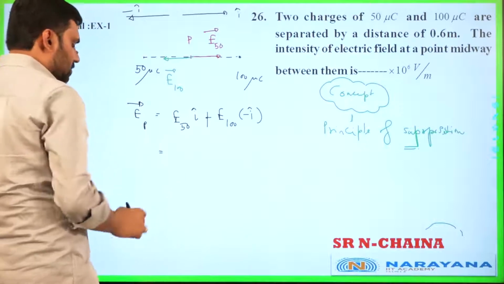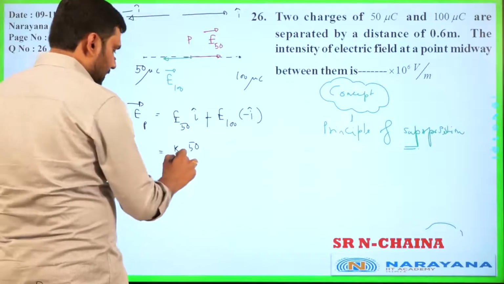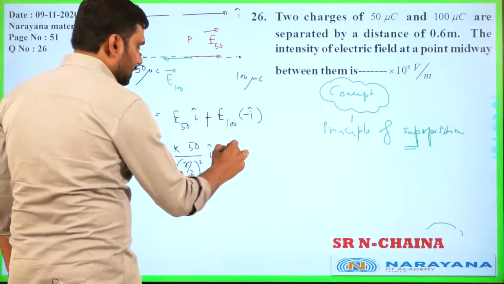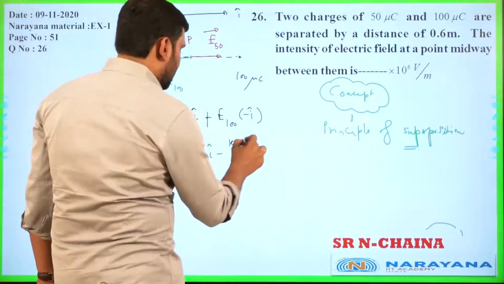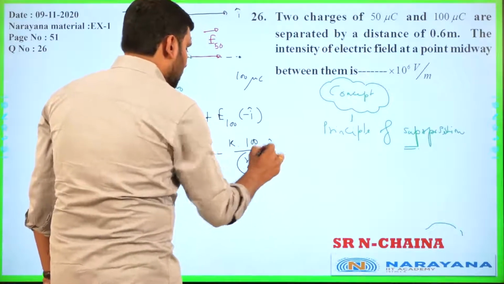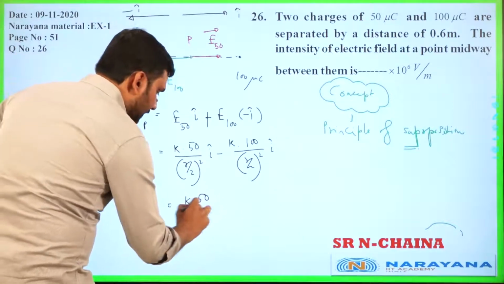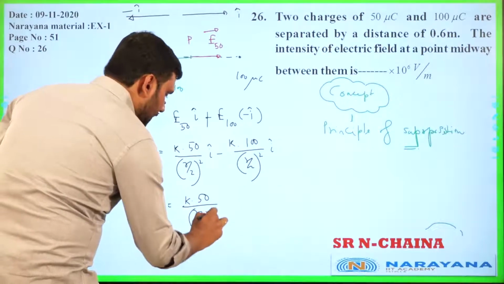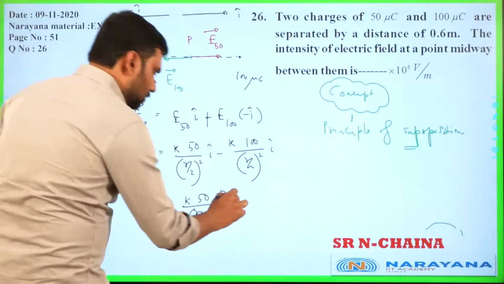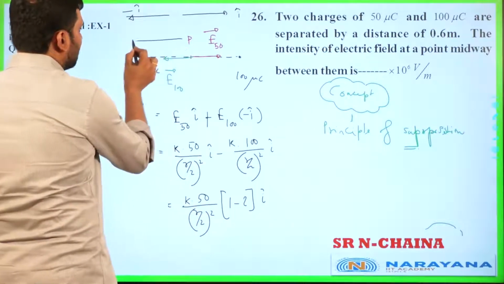So now you substitute the values: K into Q, Q means 50, divided by R by 2 whole square I cap, minus K into this is 100 divided by R by 2 whole square I cap. So if you take simply K into 50 by R by 2 whole square, this is coming to be 1 minus 2 I cap. So the net field is leftward.